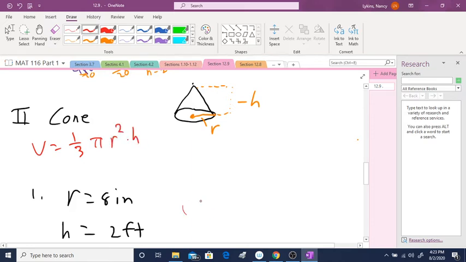So if I ask you, okay, on number 1, all you would have to do is say volume equals 1/3 times 3.14 times radius squared, so 8 squared times 2.